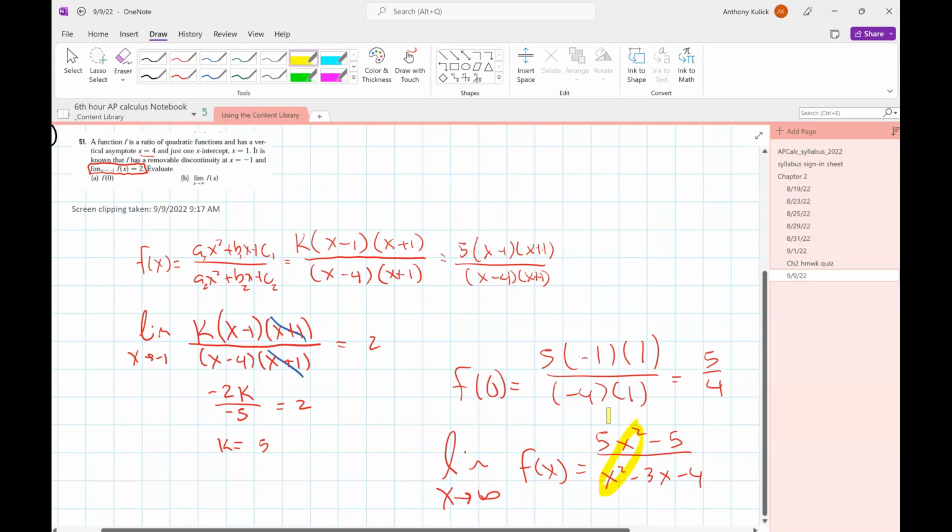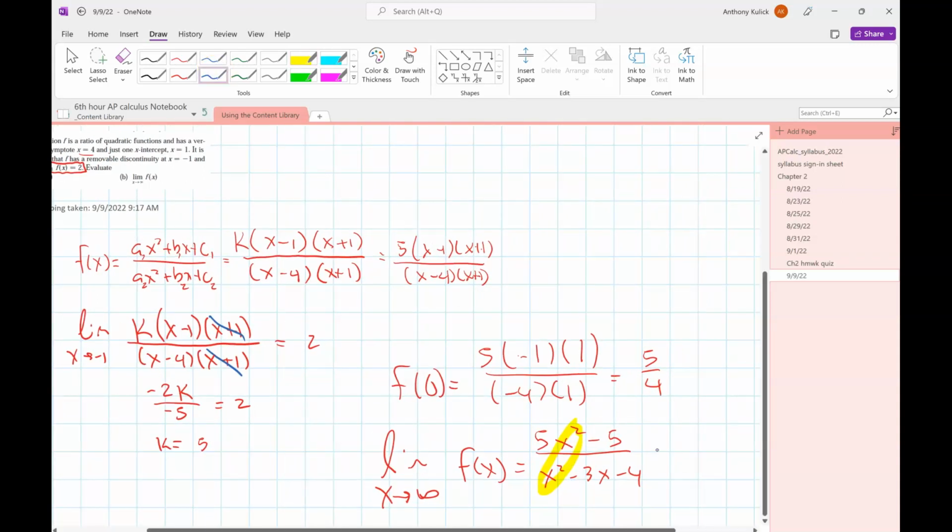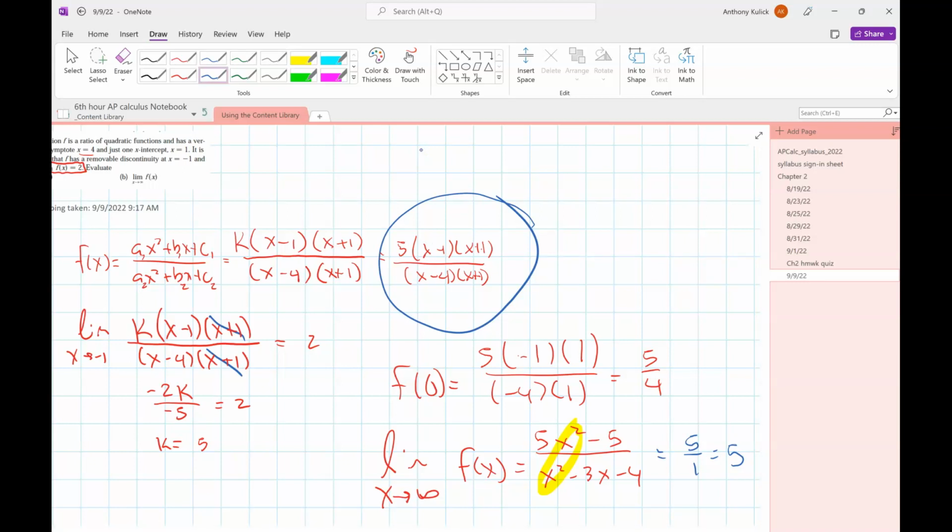Degrees are the same, so I can just write this as leading coefficient over leading coefficient. So it should be 5. I think by far the most challenging piece of that was just getting the correct f of x to come out, and building that guy out from the information that you're given.